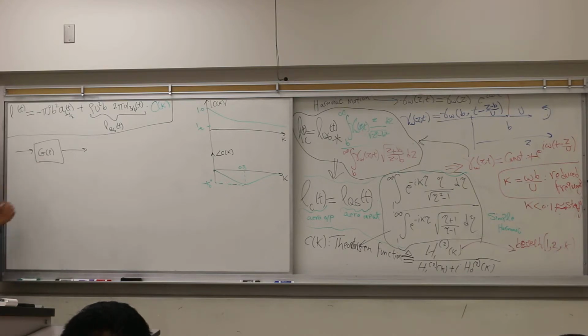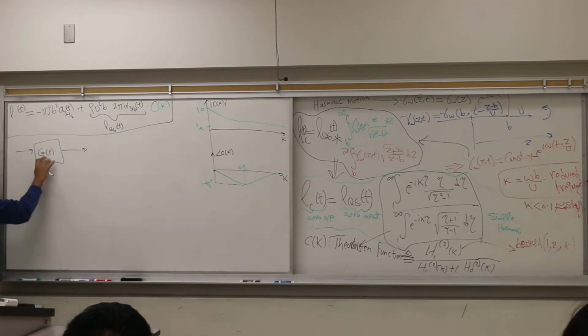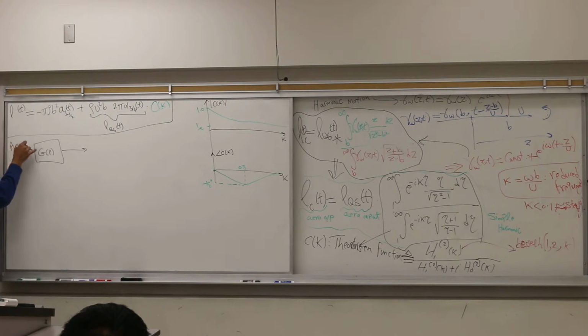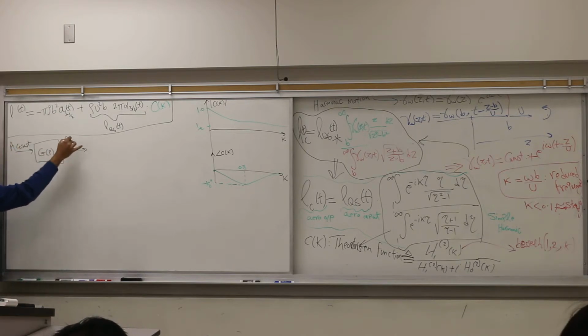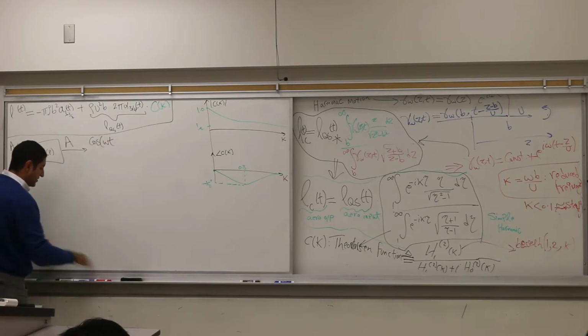J omega, exactly. Let's say i omega. So your frequency response is actually the transfer function of the flow replacing each Laplace variable with i omega, non-dimensionally ik. So if I have an input that is A cosine omega t, what's the output here? It's A cosine, the same frequency, but I have two different things.